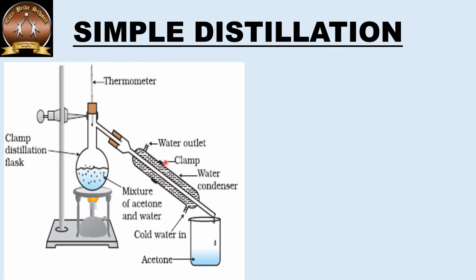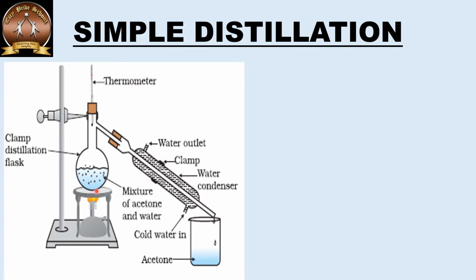There is a clamp holding up this Liebig condenser, and there is one outlet pipe to give out the liquid or the solvent which has been evaporated and condensed. This is the container where the liquid which comes out first would be collected.